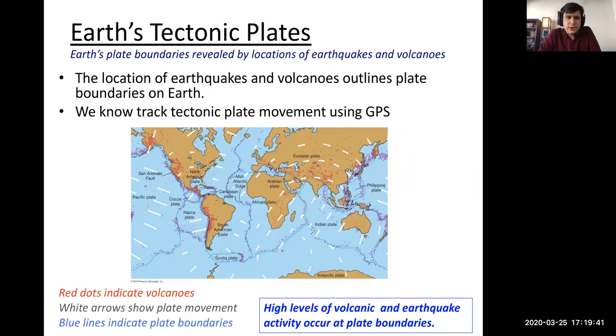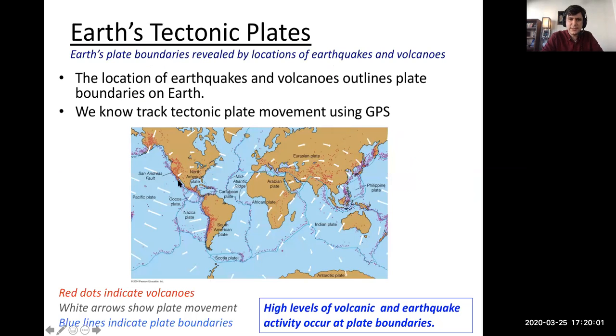Prior to more advanced technology, there's an easy way to map out the plate boundaries. You can imagine as plates rub against one another, collide with one another, separate from one another, you're going to get a whole host of geologic activity. Plates grinding past one another, that's going to generate a lot of earthquakes.